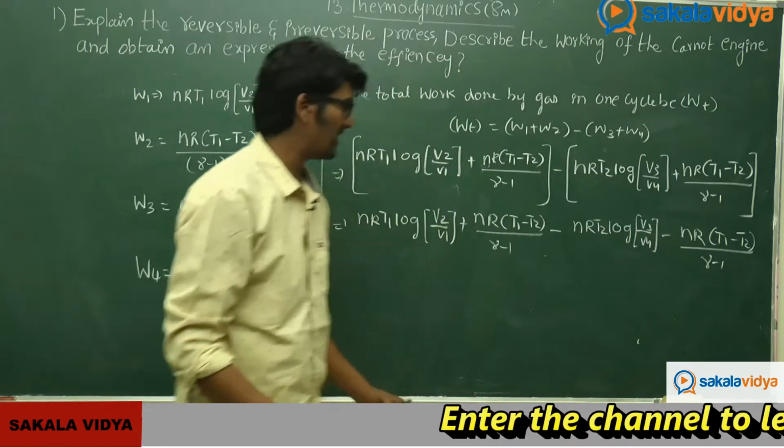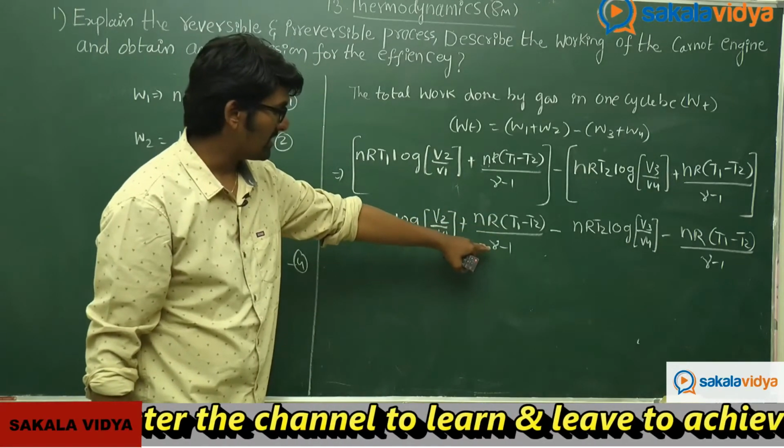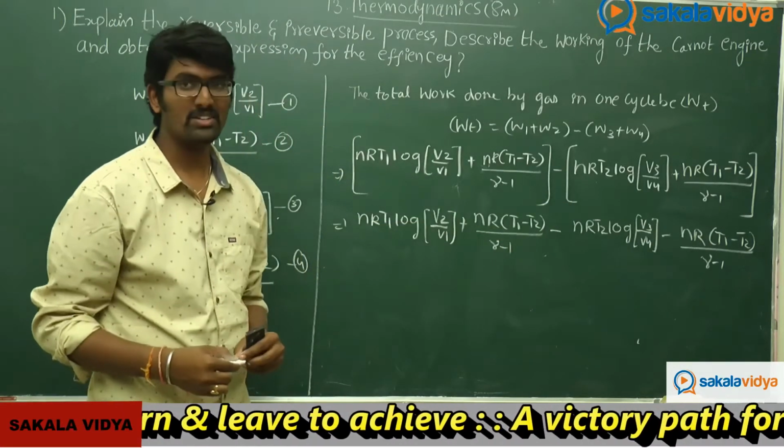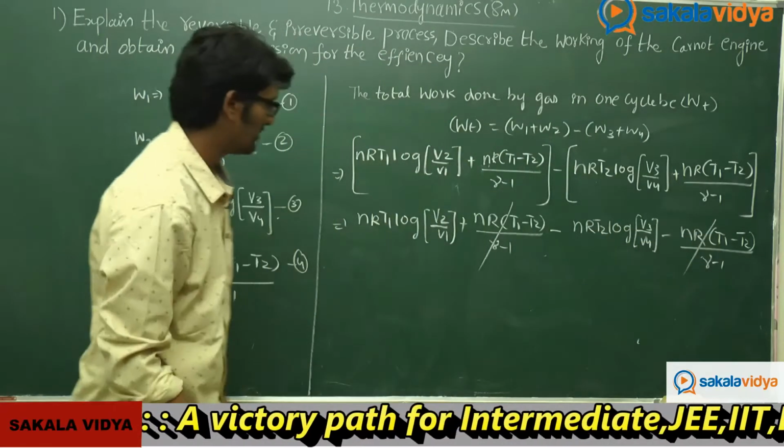So what do you observe here? Plus nR times (T1 minus T2) by (gamma minus 1) and minus nR times (T1 minus T2) by (gamma minus 1) get cancelled. So this and this get cancelled. So what is left here?